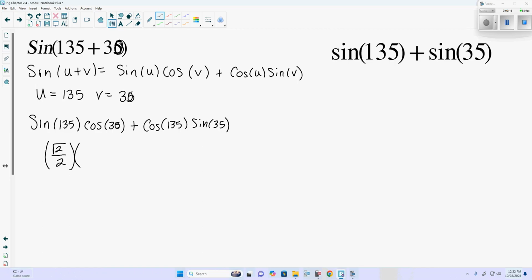That needs to be 30. I need to fix that. Which is square root of 3 over 2. That also needs to be 30. Plus cosine of 135 degrees is negative square root of 2 over 2. And sine of 30 degrees is 1/2.